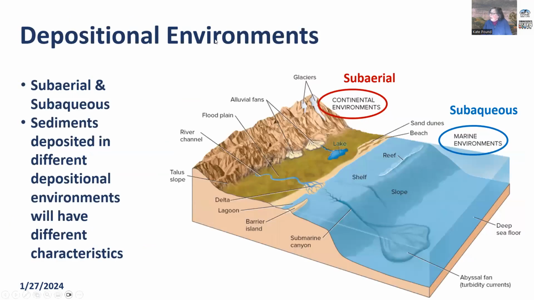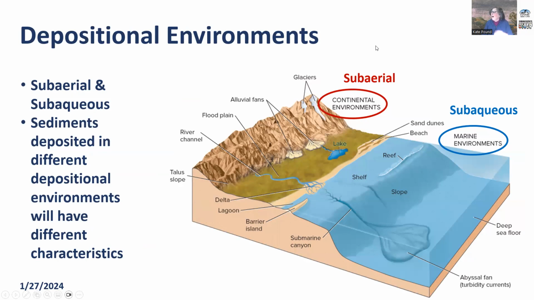So this is so exciting. There are a whole bunch of different depositional environments. And before we investigate this diagram, I am going to mention some of them are exposed to air. The goofy word that we use for that is subaerial.